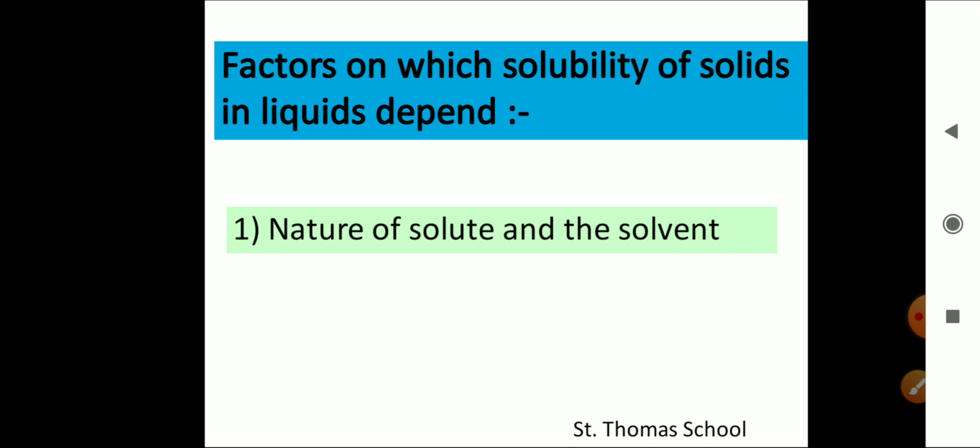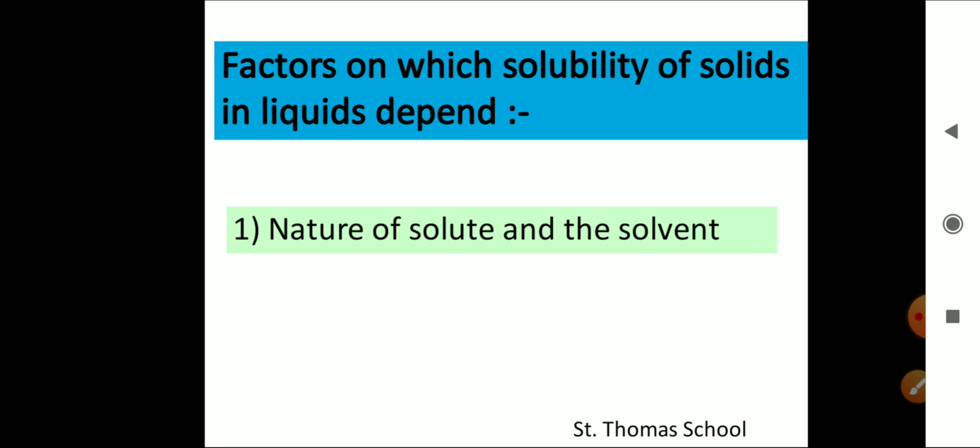Similarly, as I gave you previously the example of naphthalene and anthracene, mothballs, which we keep inside woolen clothes, are not going to be soluble in water. But if you put the same things in benzene or CCl4, they are going to be readily soluble.